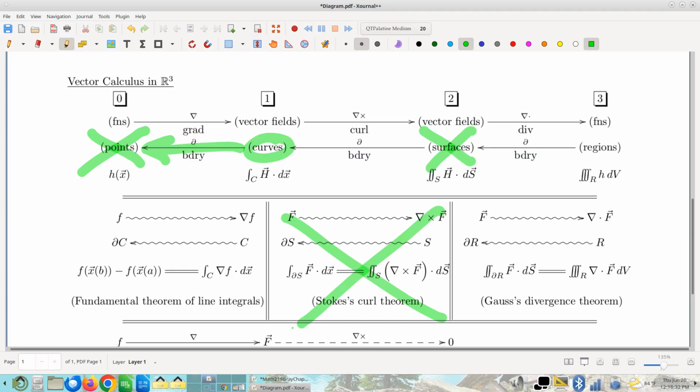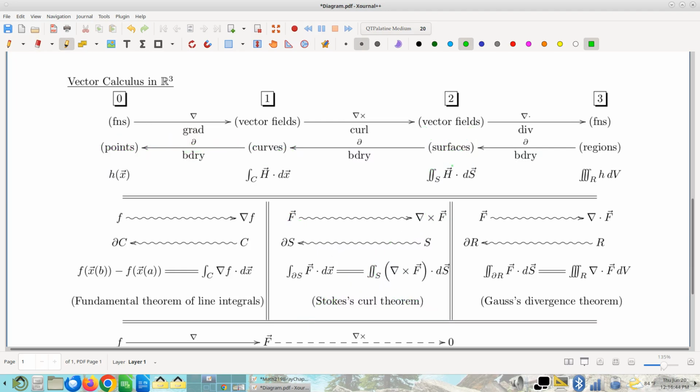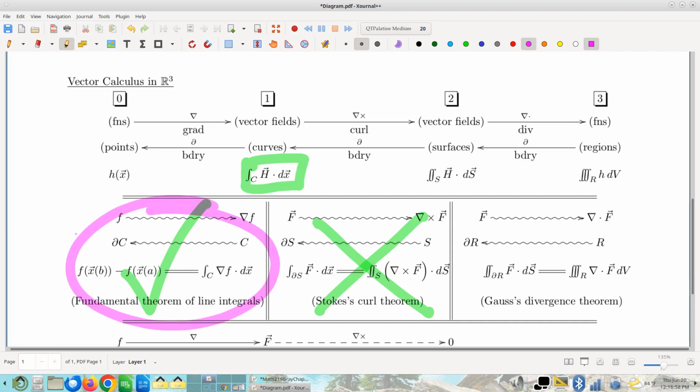You can't use Stokes' theorem because your curve's not a boundary of anything, as is required. So we know our options now, right? Following the diagram, doing what the diagram says, we were asked to compute this integral, and the diagram has led us by the hand to realize that we can't use Stokes' theorem. And so I advise that you try using the fundamental theorem of line integrals.